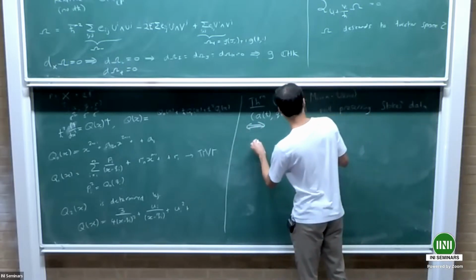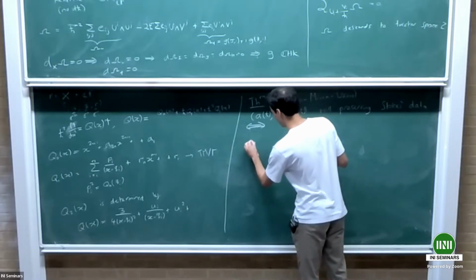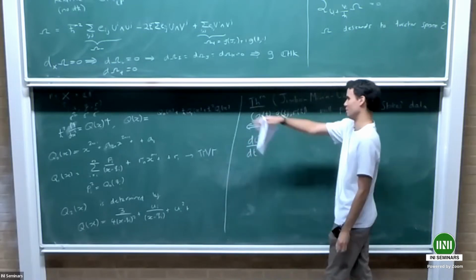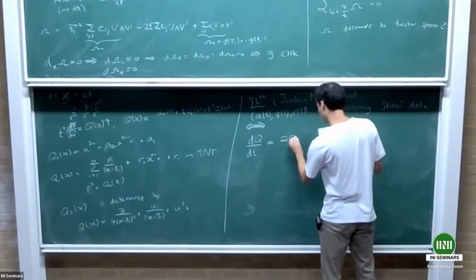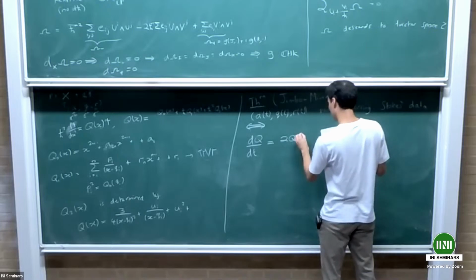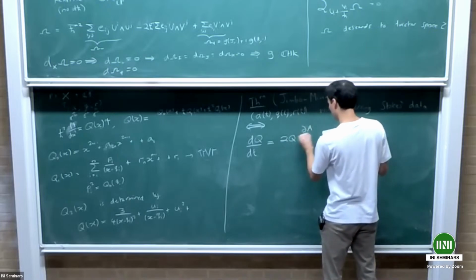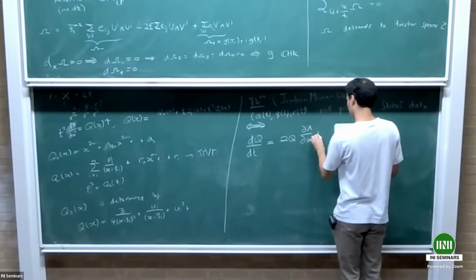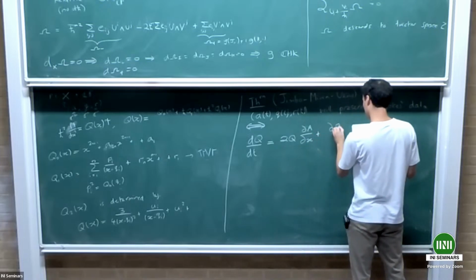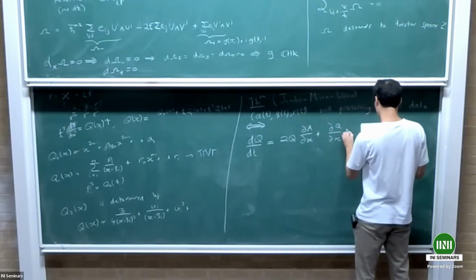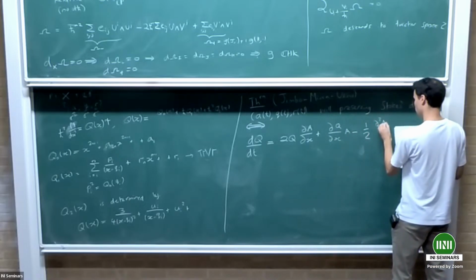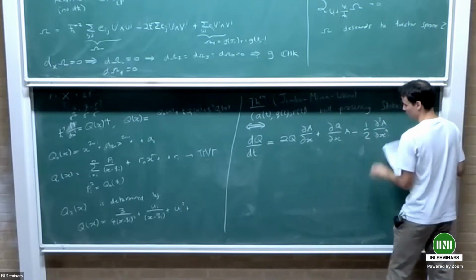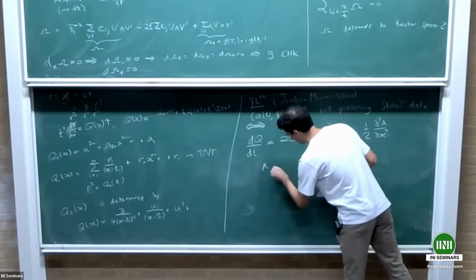So we have some potential, and we're differentiating it with respect to our time parameter as we're moving around the space X. Where here A is just some undetermined meromorphic function.